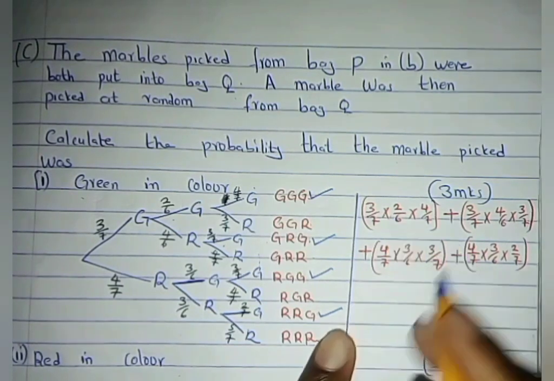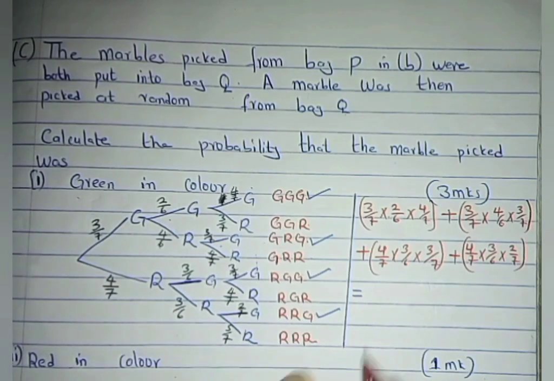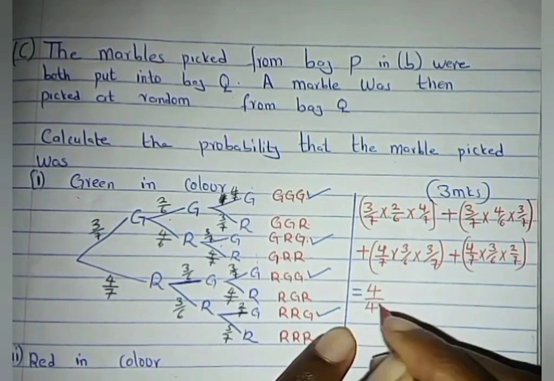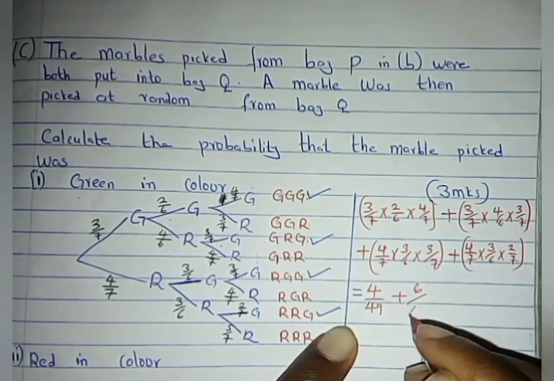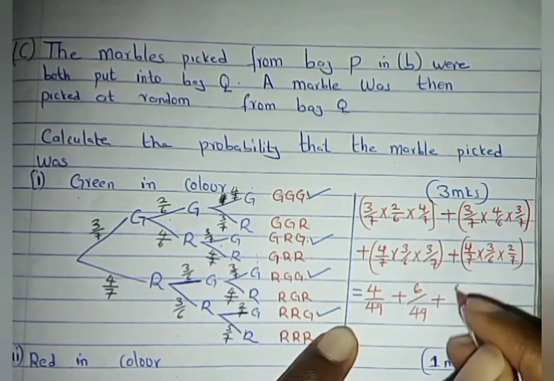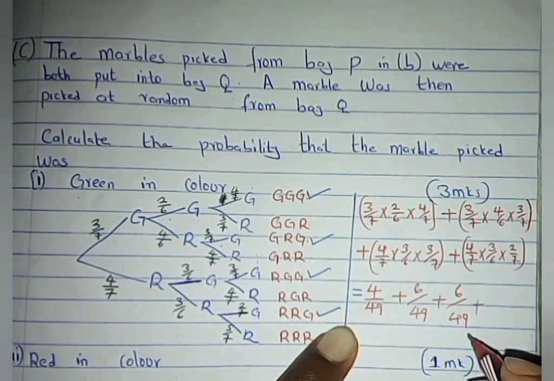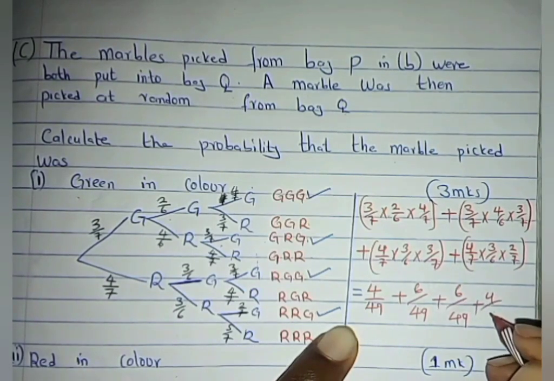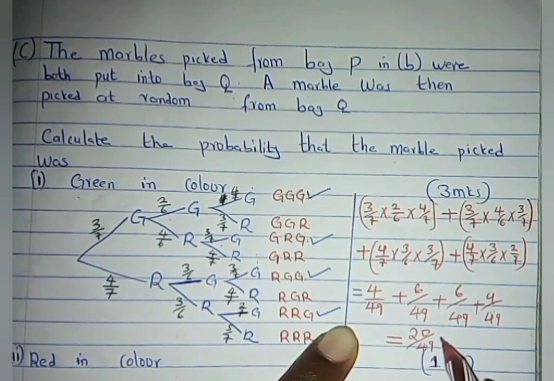When you multiply this one and simplify, you will get 4 out of 49, plus this one here, you will get 6 out of 49, and this one here 6 out of 49, and this one you'll get 4 out of 49. So when you add them, you'll get 20 out of 49. So this is the answer.